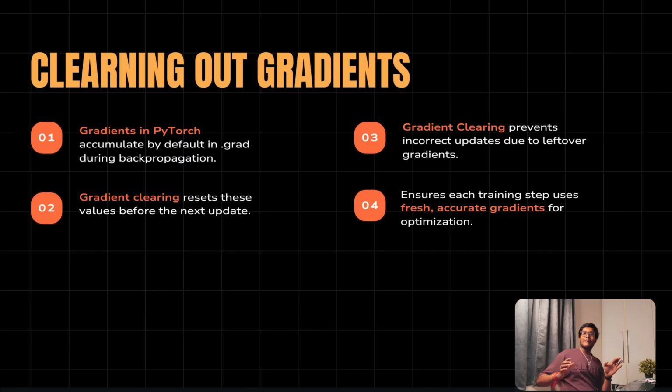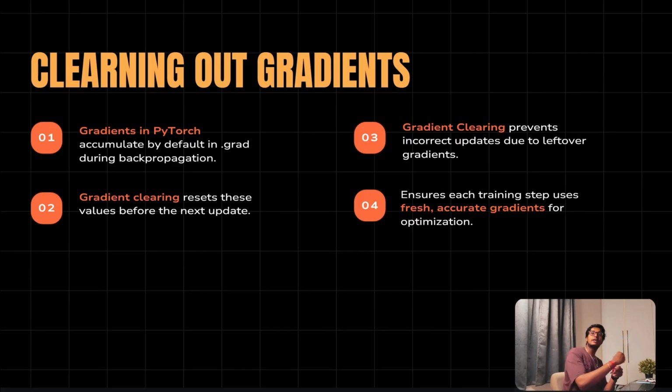Alright guys, before going, we have one last concept, which is clearing out gradients, which is very important. Whenever we call the .backward method, PyTorch accumulates those gradients instead of replacing them with the new ones. That means during backpropagation, the gradients get accumulated instead of being replaced.